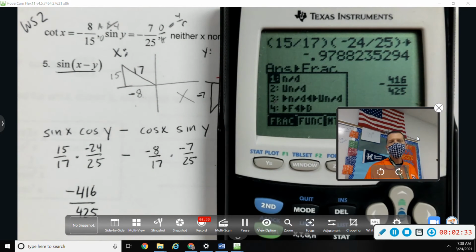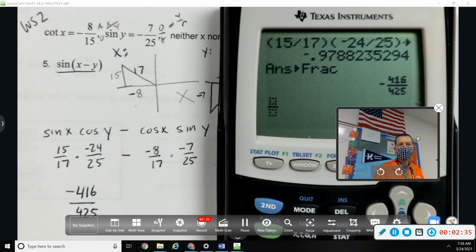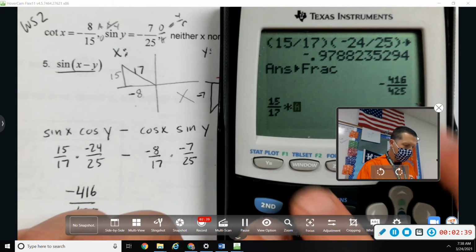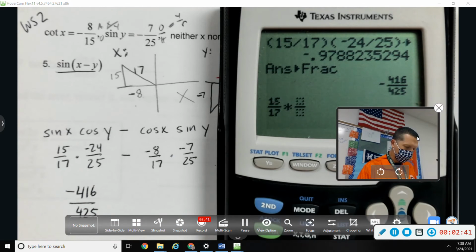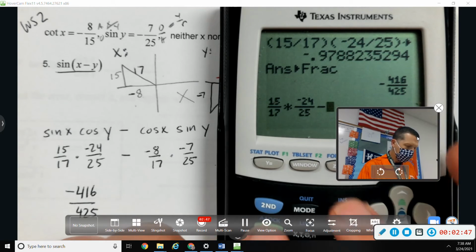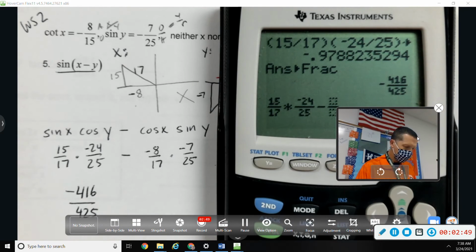And the first option is n over d, numerator over denominator. And so you can do it this way. And I guess it's not too bad, especially if you want to make sure you get it right. It's also nice because it looks exactly like what's on the paper, so you're less likely to mess something up.